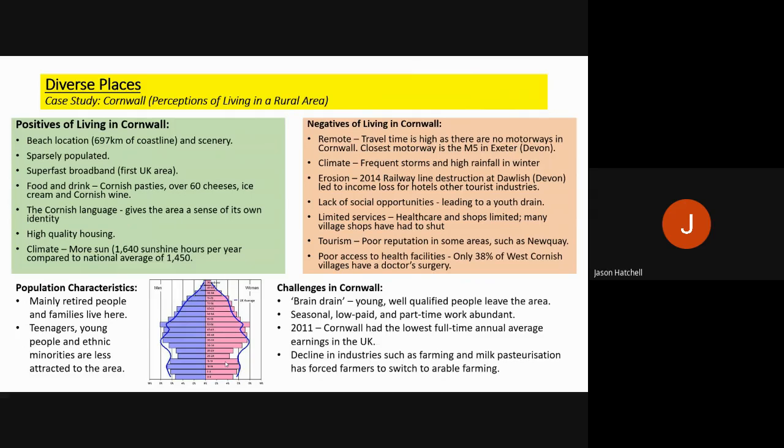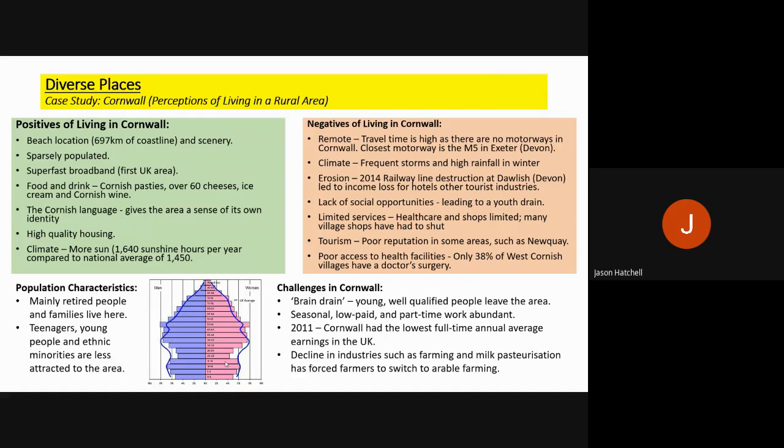And finally, there are some major challenges in Cornwall, and I've mentioned some of these already. So the brain drain, the young, well-qualified people leave the area towards bigger conurbations and cities. Seasonal, low-paid and part-time work is abundant, and job security is low. In 2011, Cornwall had the lowest full-time annual average earnings in the UK.